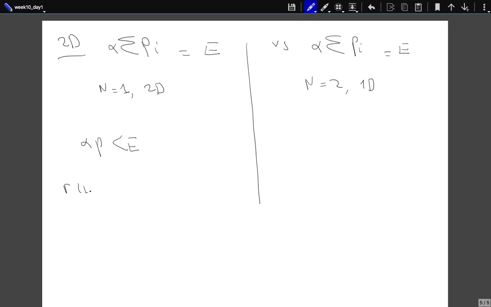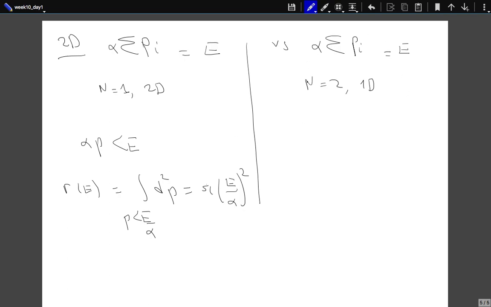Okay, so gamma of E is the integral of d squared p such that p is less than E over alpha, and this is pi times E over alpha squared.